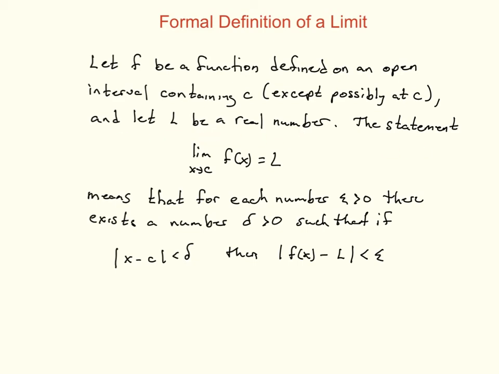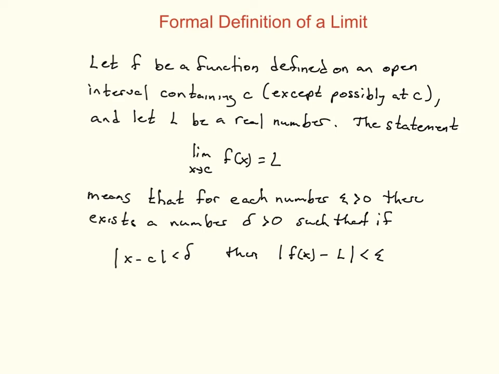The statement, the limit as x approaches c of f of x equals L, means that for each number epsilon greater than 0, there exists a number delta greater than 0, such that if the absolute value of x minus c is less than delta, then the absolute value of f of x minus L is less than epsilon.